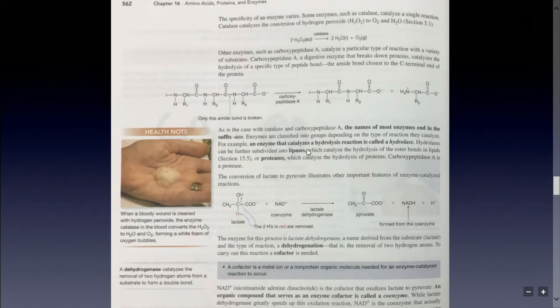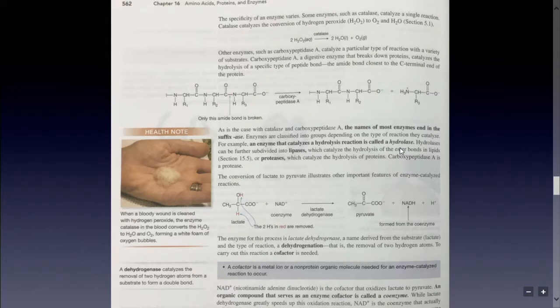So for example, an enzyme that catalyzes a hydrolysis reaction is called a hydrolase, right? Now it's not the enzyme that does the hydrolysis, water is what does the hydrolysis, but the hydrolase is what speeds that process up. And hydrolase is just a generic, vague term for any enzyme that can speed up hydrolysis. But you can hydrolyze proteins, like we were talking about in this chapter, in the last lecture in fact, or you can hydrolyze lipids, right?